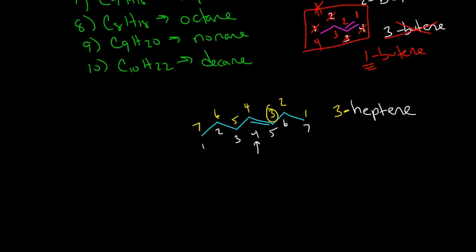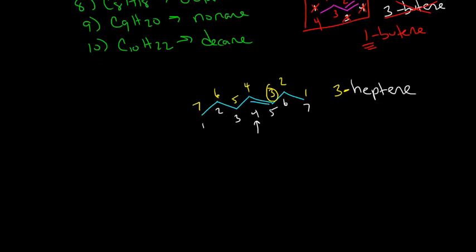All right, and these same rules apply for alkynes. So if we draw out this compound, okay, I have 1, 2, 3, 4, 5, 6 carbons. So my base structure is 6 carbons, so that's hexane. But it's not ane because we have a triple bond, so this becomes hexyne.